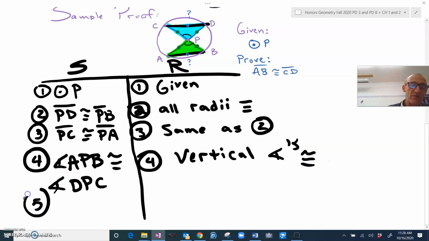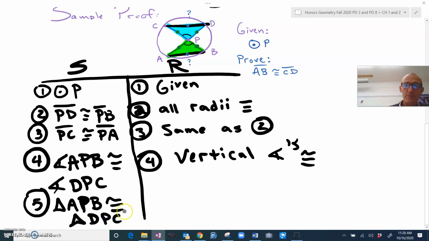Now, step 5 is triangle APB is congruent to triangle DPC, by side angle side.